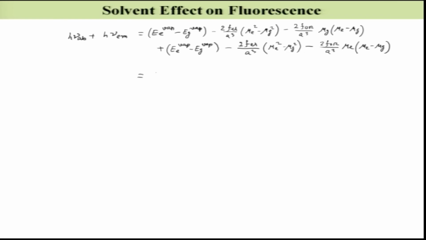This is equal to twice E_E vapor minus E_g vapor, minus, so here mu_E square minus mu_g square by a cube I will take outside.